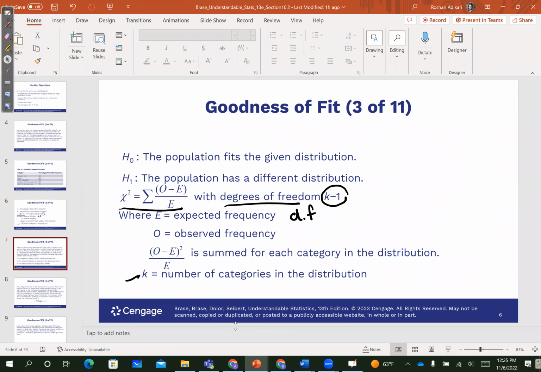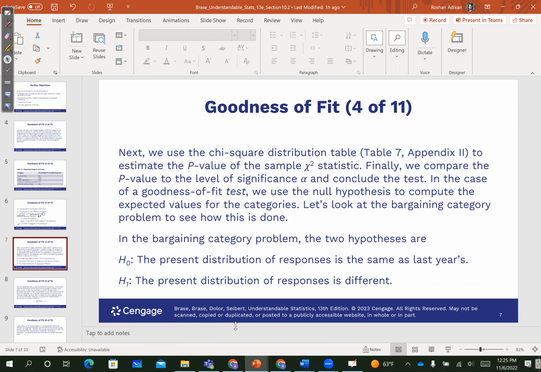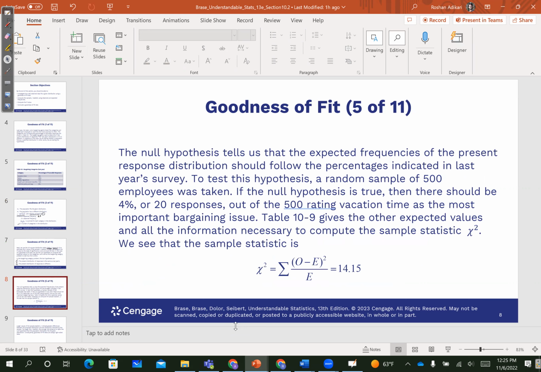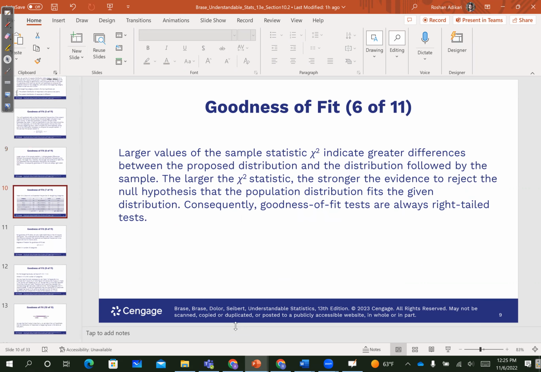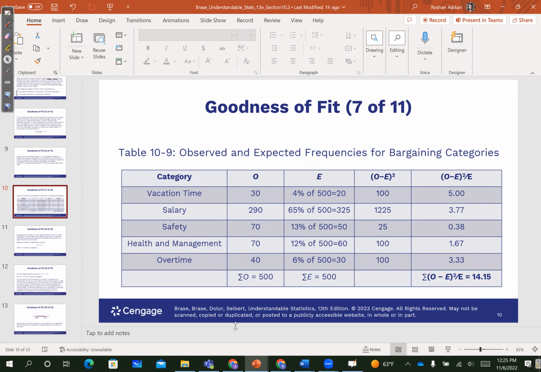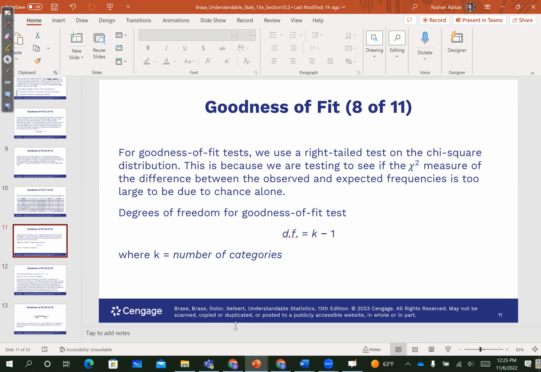You'll need all of these things. So please read. See, these are the null and alternate hypotheses. So you can answer your question by comparing this example to your question. And also you will need table 7. I will show you in a minute. So please read this example because it's worked out. First read it and understand, and then you can do yours. See, degree of freedom is k minus 1.